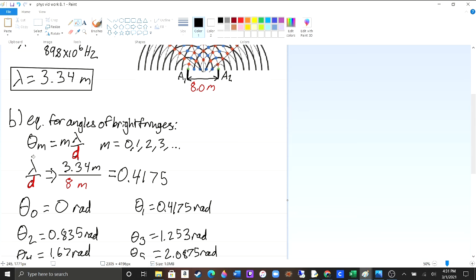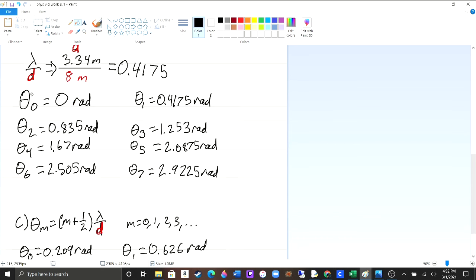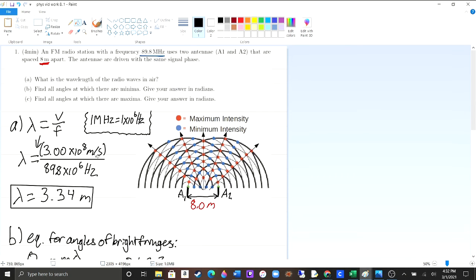So again, we have this constant, and we're just multiplying it by 0, 1, 2, 3, and it gives us these angles. So 0.4175 radians, 0.835 radians, 1.253 radians, and so on. And there are also maxima at the negatives of these angles. So this is part C, and part B, and part A is right up here.